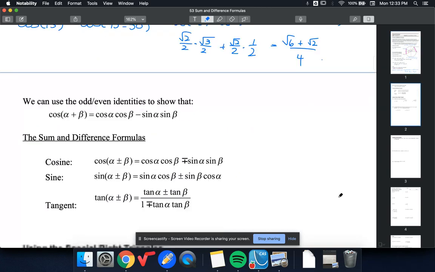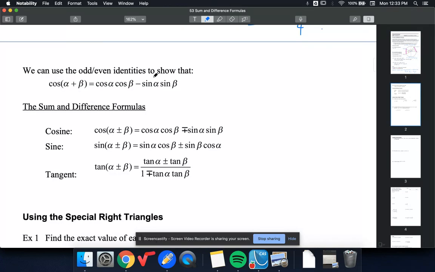Building on this, I can use my even-odd identities to show this. We said that cosine of alpha minus beta is cosine alpha cosine beta plus sine alpha sine beta. Now if I want to make it a plus, I'm going to say cosine of alpha minus negative beta.